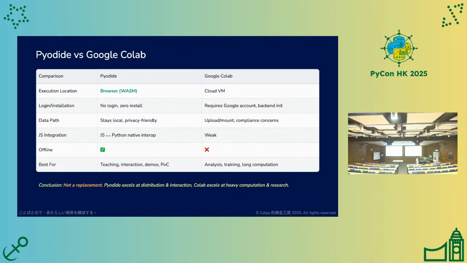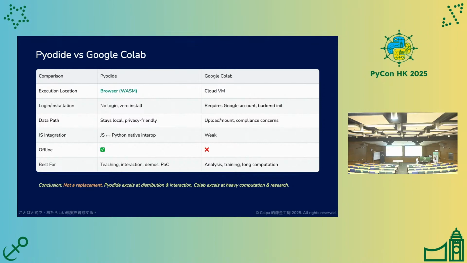I usually find that the Wi-Fi is not that good, so I use Pyodide, otherwise I need to bring out my MacBook. For Google Colab, I think the JS integration is not that good. I want to have some charts, and then I find that the fonts are not there. I need to figure out a lot.